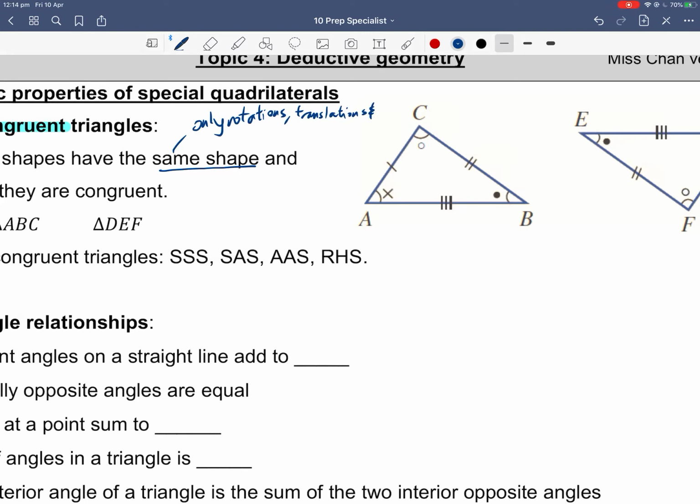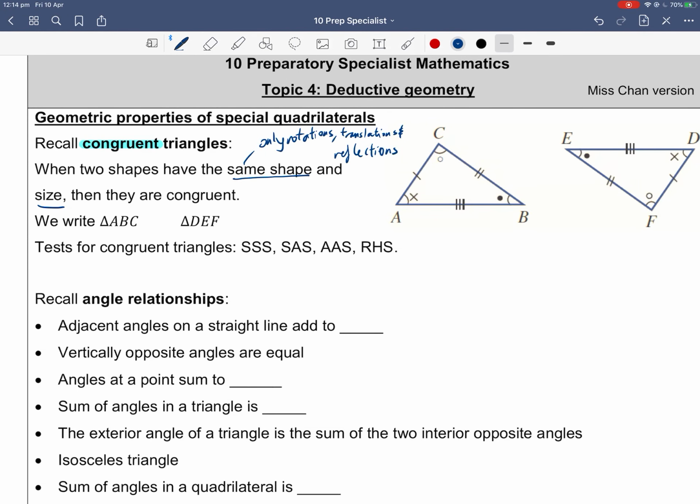So you can only move the shape up, down, left, right, turn it around, flip it, but you cannot shrink it or make it bigger. So no dilations. In other words, enlarge or shrink. So that's what it means when shapes are congruent to each other.